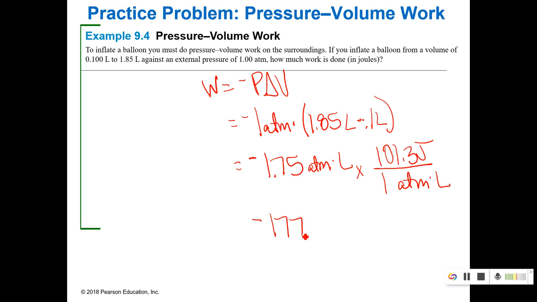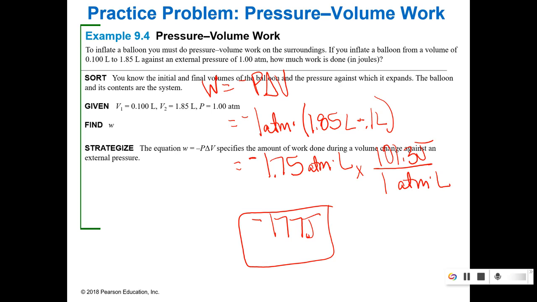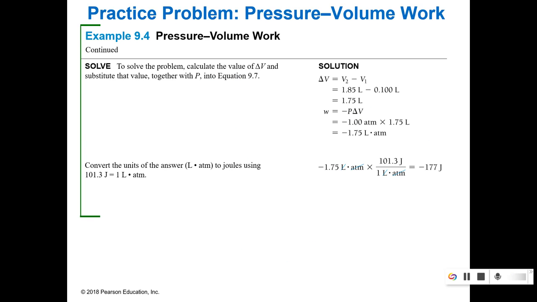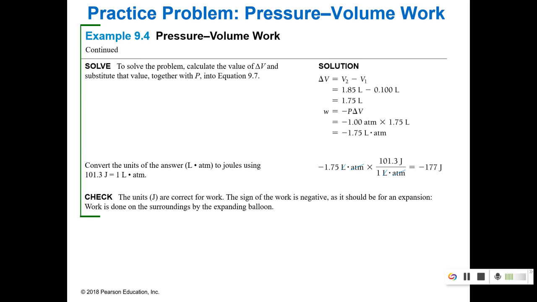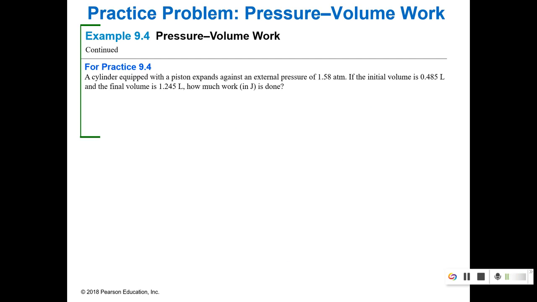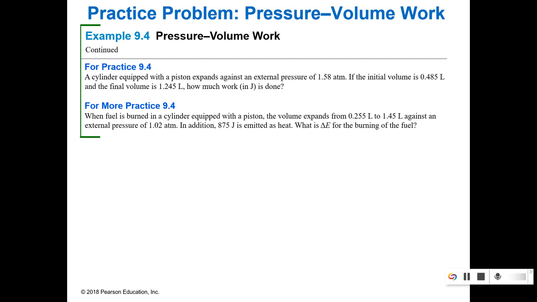And I get negative 177 joules. There it is, negative 177 joules. So these are real simple. There may be one question I don't really remember, but they're not hard if you get them. Okay, let's do one more.